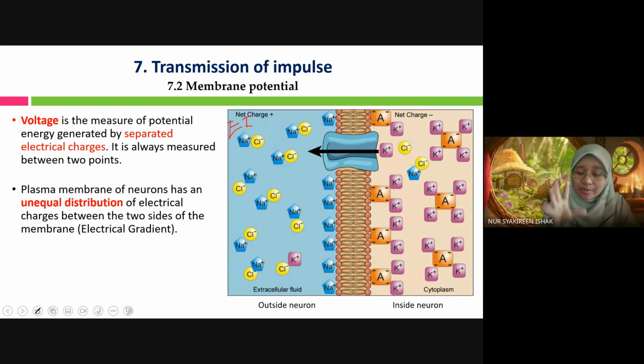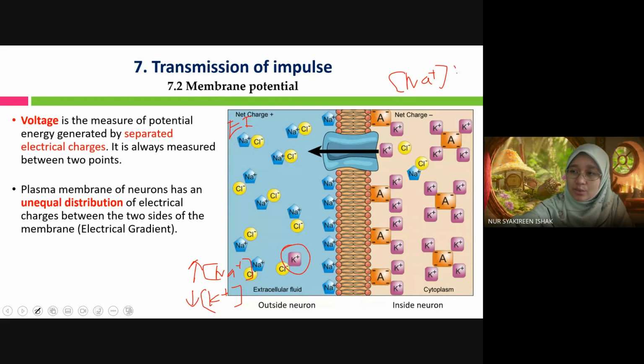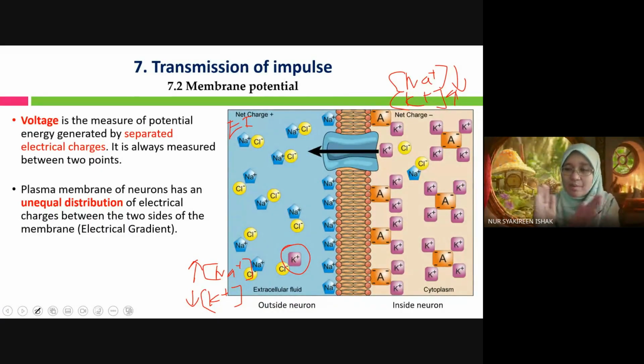So secara normalnya kat luar sel ni concentration of sodium is always high. Concentration of potassium, nampak ada satu je kan. Potassium concentration is low. Compared to the inside of the cell in the cytoplasm, you see that the concentration of sodium is low. The concentration of potassium is high.